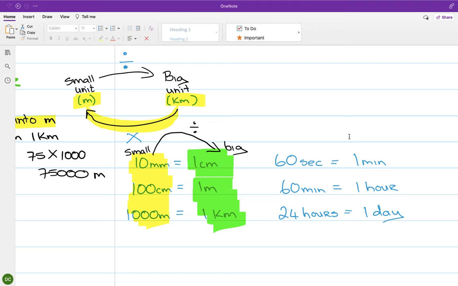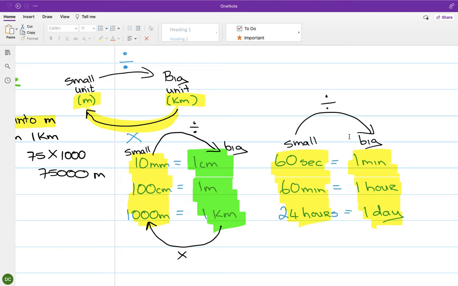Whereas if we're going in this direction, we'd be going from a big unit to a small unit, so we'd be multiplying. And it's the same thing over here. A second is smaller than a minute. A minute is smaller than an hour. An hour is smaller than a day. So anything going from the small side to the big side, you're going to be dividing. And from the big side to the small side, you're going to be multiplying.